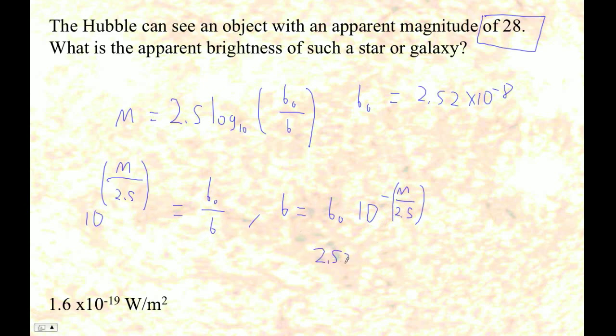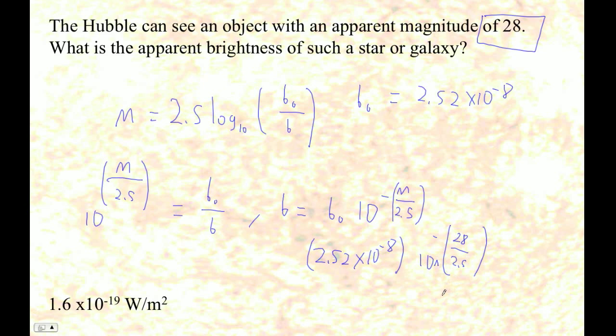Okay, so 2.52 times 10 to the minus 8th times 10 to the minus 28 divided by 2.5. That's supposed to be 10 raised to the power. Okay, let's try that. So let's go 2.52 e to the minus 8th times 10 raised to the negative 28 divided by 2.5.